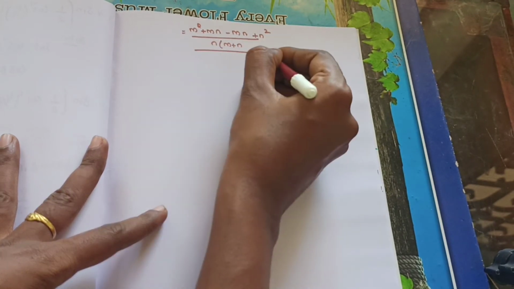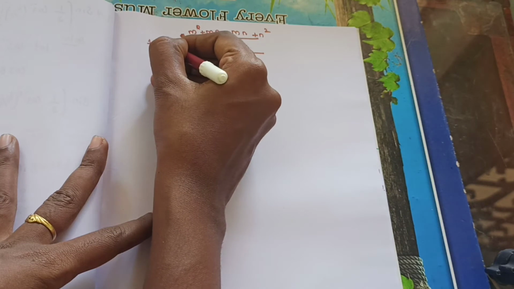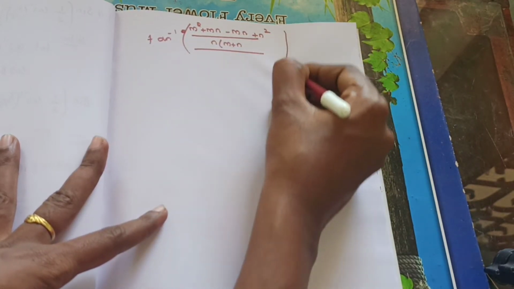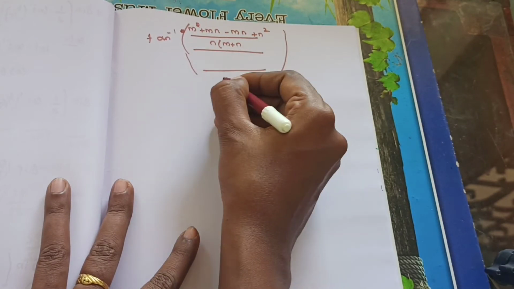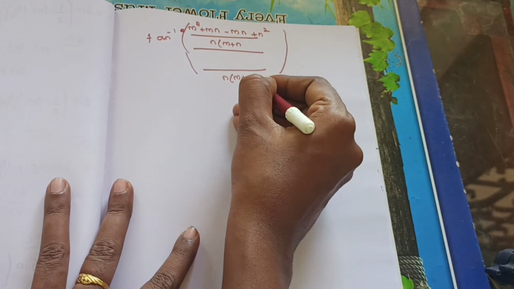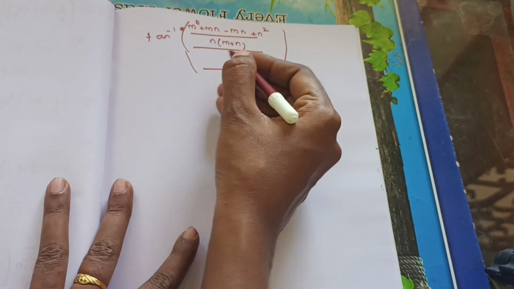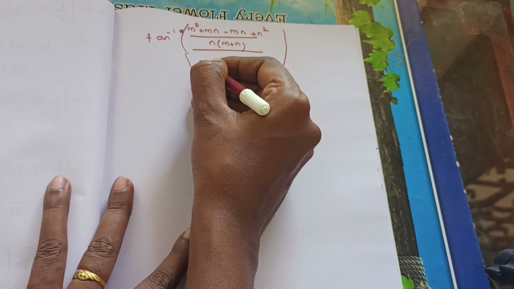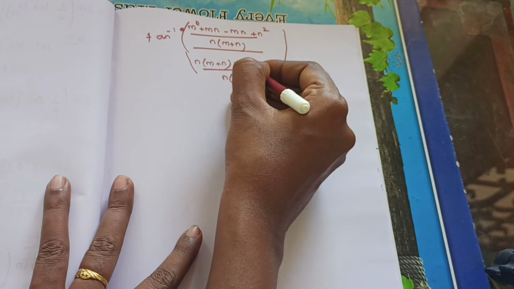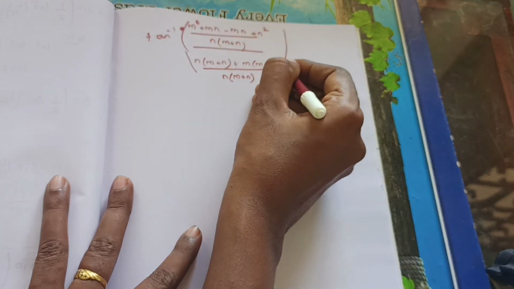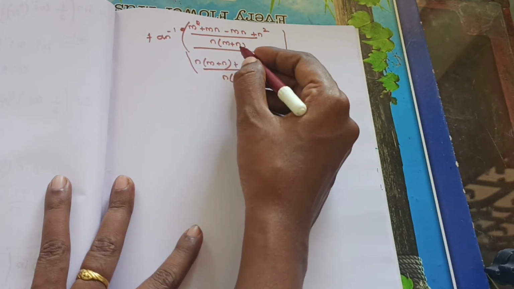Then same as in the denominator, so outside tan inverse. In the denominator, n into m plus n. Okay, so in the numerator what will happen? For 1 you need to take the LCM. So n into m plus n plus m into m minus n. Okay, so these two terms will get cancelled, correct?